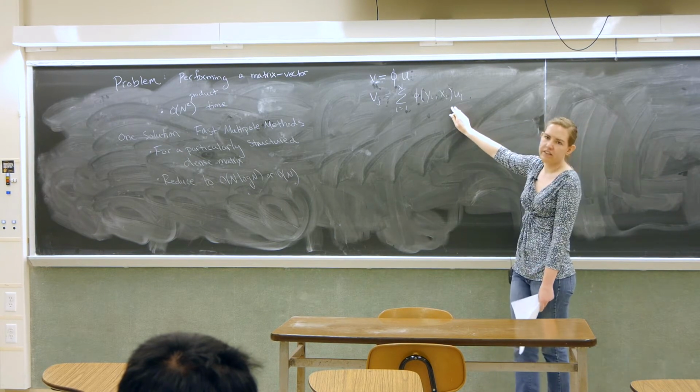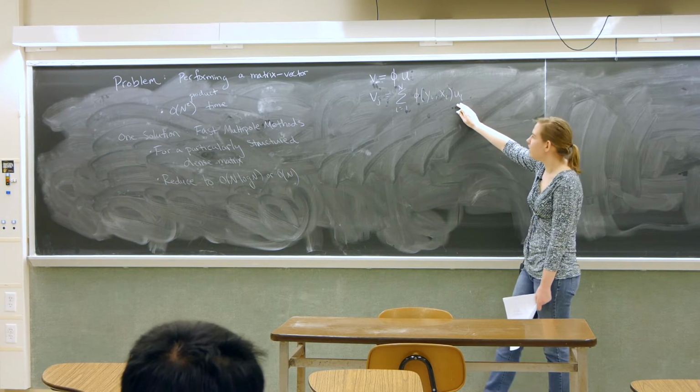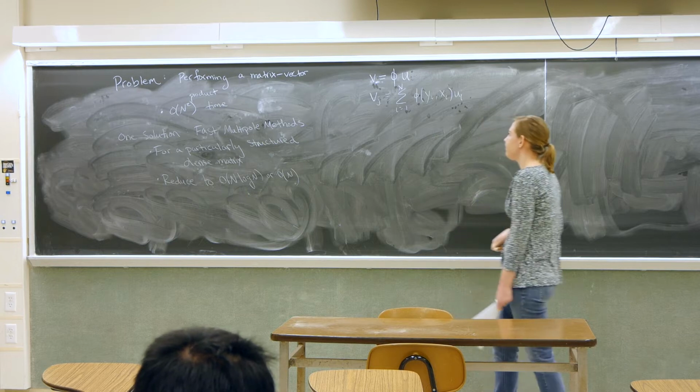So this is where the n squared time comes from if we just compute a matrix vector product directly.